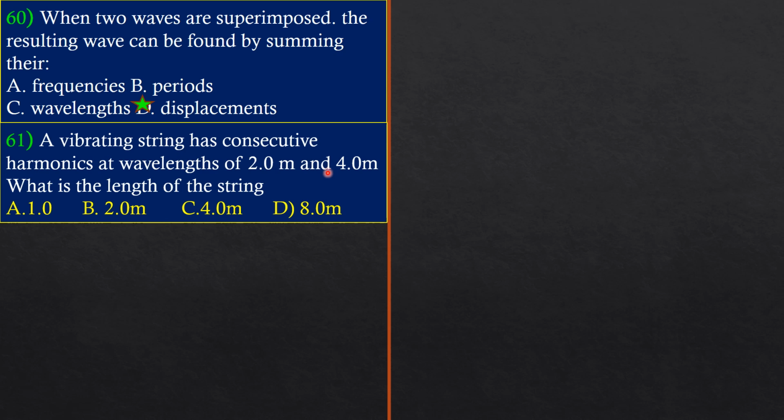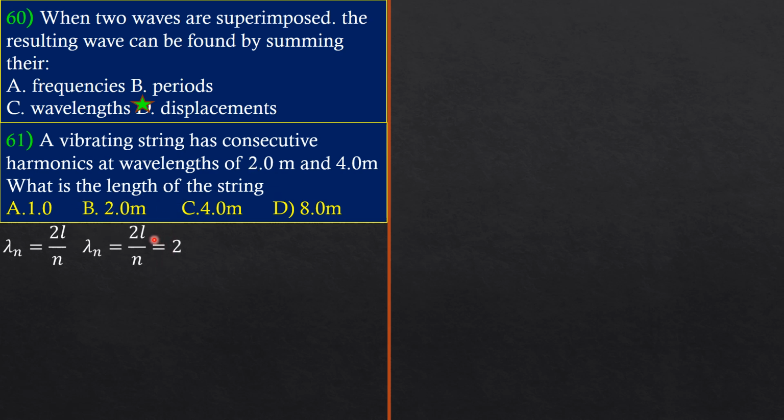So this is a case where it is fixed at both ends, and as such, the wavelength of its nth harmonic, like we saw initially, is given as lambda n equal to 2L over n. Now, this has to be equal to the first harmonic wavelength, which is equal to 2.